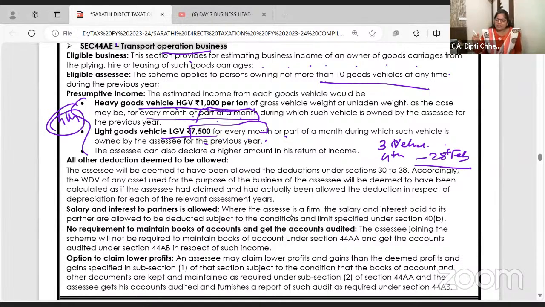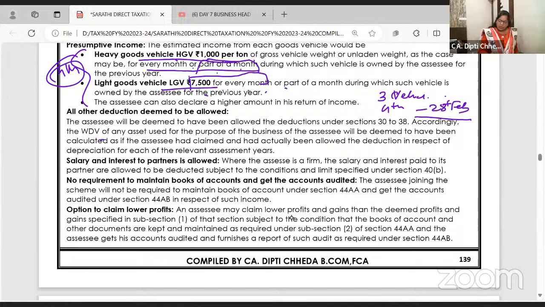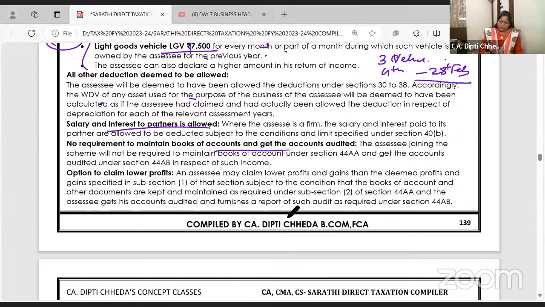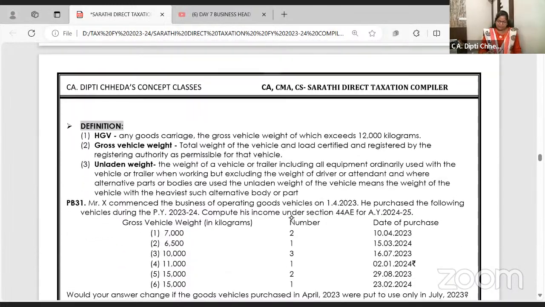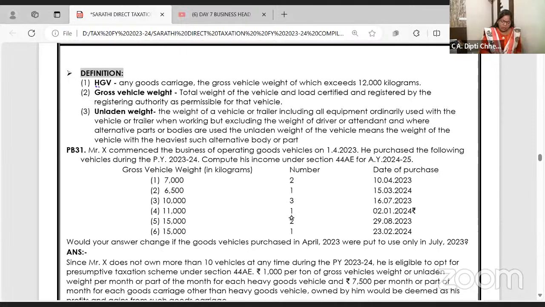The practical questions, what I'm going to do, they are already past exam questions. So no other deductions are allowed except in case of partnership firm, salary and interest paid to partner is allowed here. It was not allowed in 44AD. No need to maintain books, no need to get it audited, right? Heavy goods vehicle is one whose gross weight is more than 12,000 kg.